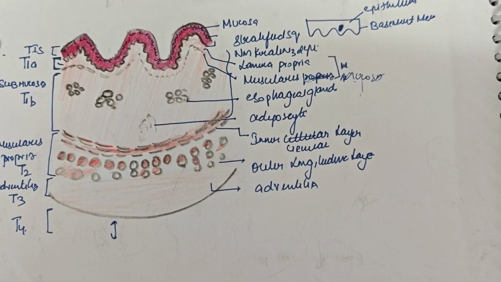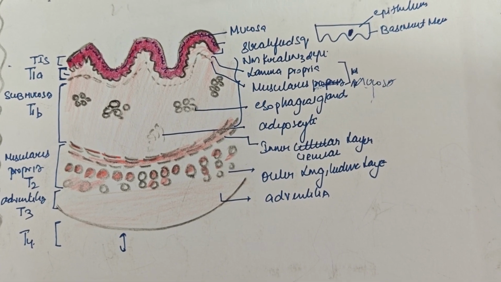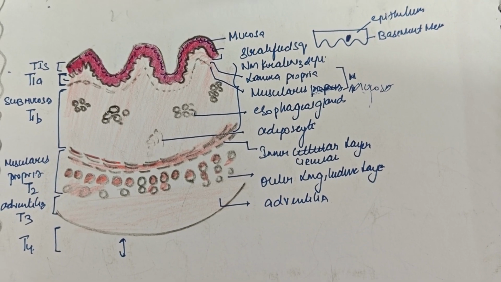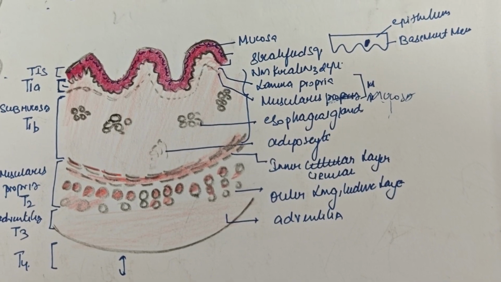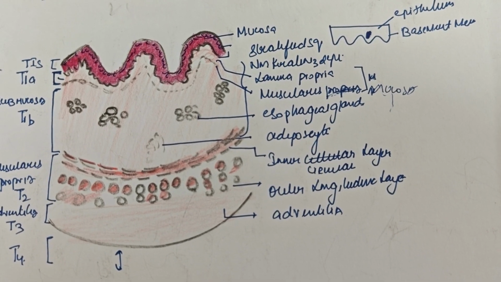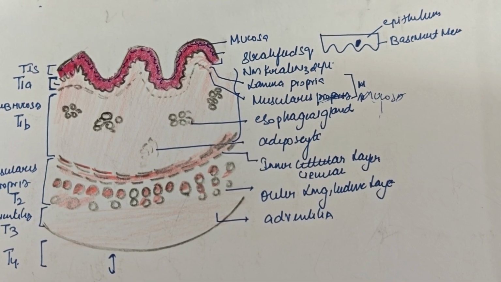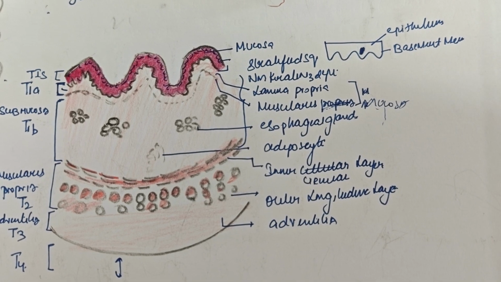Remember that mucosa is different, and below the mucosa is the submucosa. These are the structures which we need to understand. T1a invades the lamina propria and the muscularis mucosa.